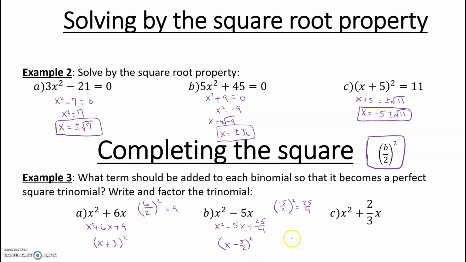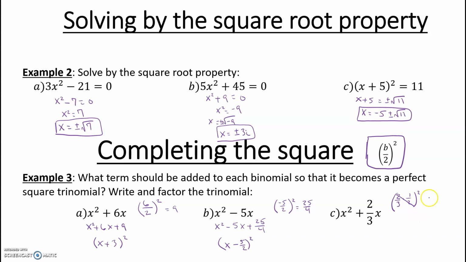All right, and then last one. So remember, dividing by 2 is the same as multiplying by a half, so we have 2/3. I'm going to say times a half, a little bit easier to see. That's b divided by 2 squared.